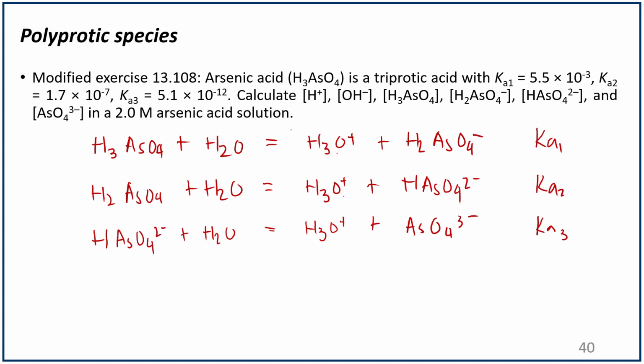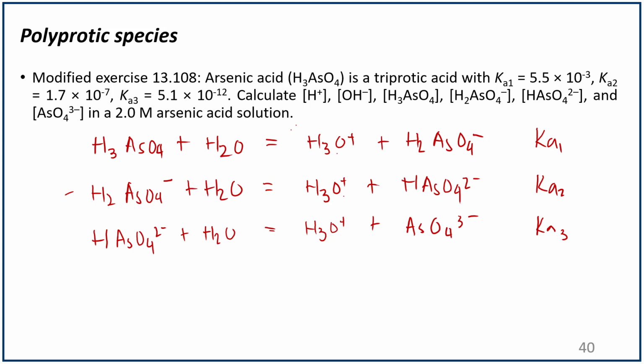A few things to notice before we move forward. So keep in mind that Ka1 is greater than Ka2 is greater than Ka3. Therefore, the weakest acid here should actually just be this species. Okay. Also note that these two species are amphoteric. Okay, that's not the concern of this problem, but just a heads up.